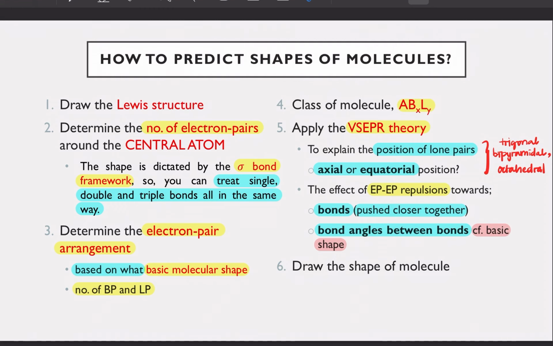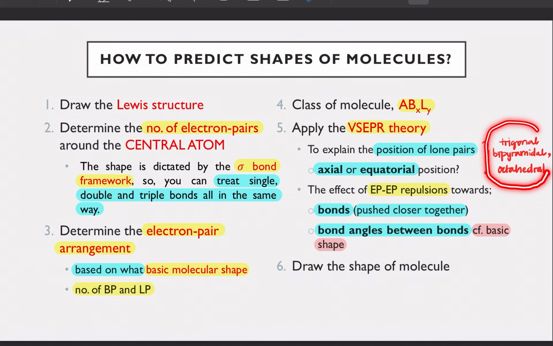Okay, step 5, you must apply the VSEPR theory onto your molecule. Okay, now that you know whether it has, kalau dia ada lone pair, then you must explain the position of your lone pair specifically for these apa ni, two basic molecular shapes.